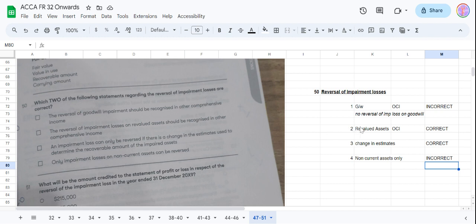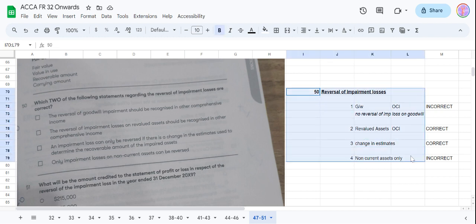So the reversal of impairment losses on revalued assets goes to OCI. That is correct. And an impairment loss can only be reversed if there is a change in the estimates used to determine the recoverable amount. So only then is it reversal. Everything they are talking about here is about reversal. Reversal is the keyword.